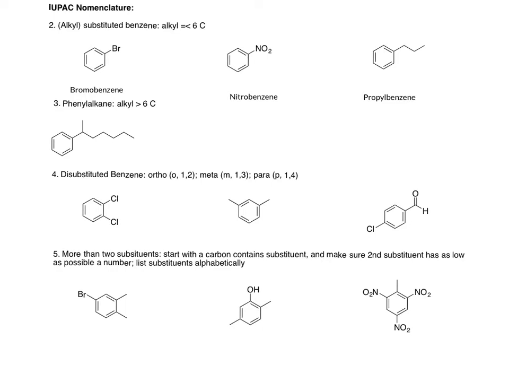Typically, if you have an alkyl group directly bonded to an aromatic ring, and the number of carbons in your longest continuous chain is short, like in this case, if the number of carbons is equal to or less than 6, you would name this compound as an alkyl substituted benzene. If you have more than 6 carbons, you would name this compound as a phenyl substituted alkane, and your benzene ring is treated as a substituent with the name phenyl.